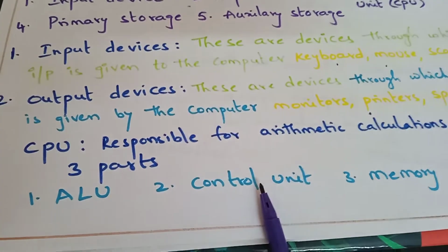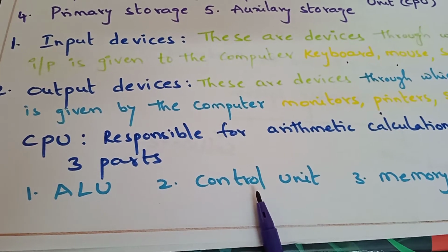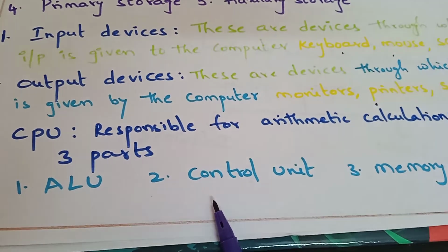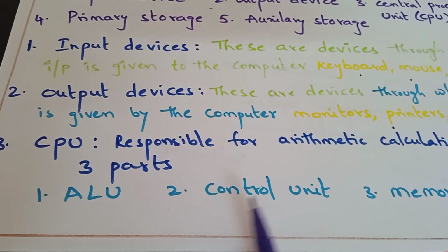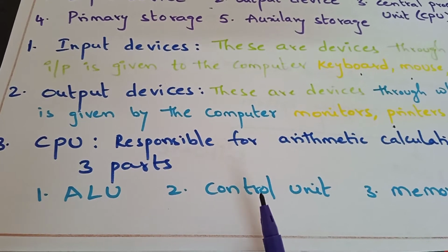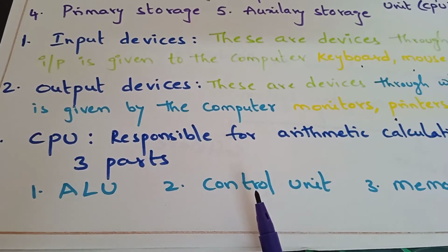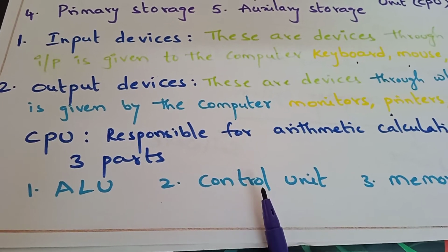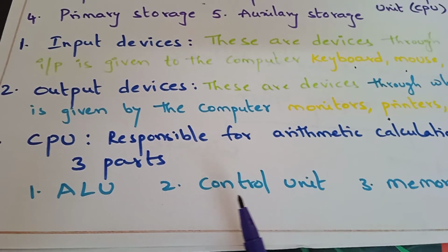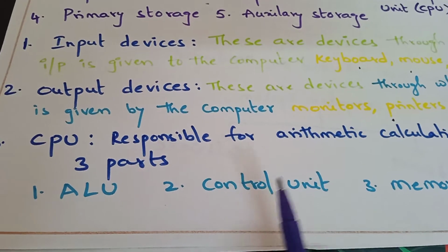Now the control unit. There should be a device which controls all the operations of the computer. Let's take an example. If water is flowing, whenever we feel that it is enough, we turn off the tap, and whenever we want, we turn it on. In the same way, there should be a control to control the flow of data.